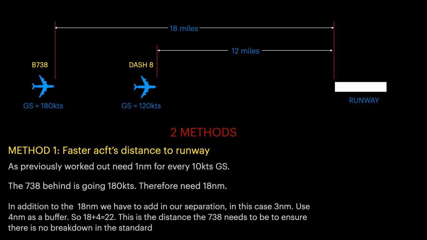So in total, that 737-800 or faster aircraft needs to be 22 nautical miles from the runway to ensure that there's no breakdown in separation. If he was 22 miles from the runway, we don't have to apply any speed restrictions. We can let both aircraft continue on.